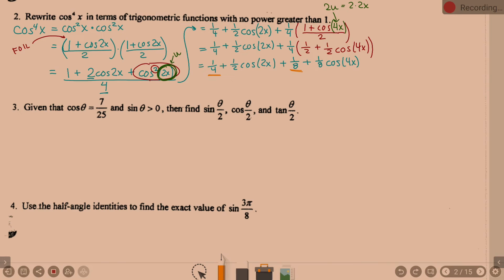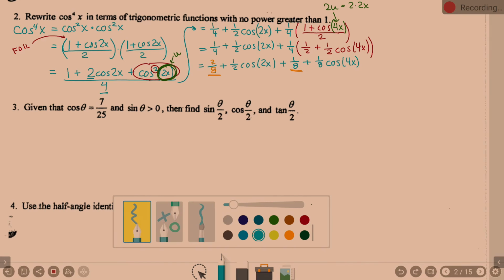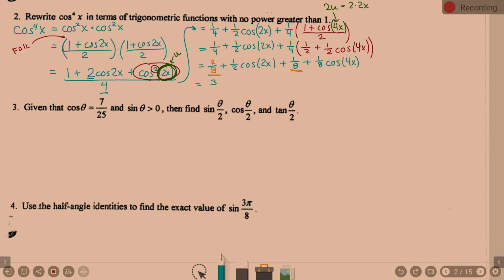What is 1/4 plus 1/8? 3/8, because what is 1/4? 2/8. And 2/8 plus 1/8 is 3/8. So 3/8 plus 1/2 cosine of 2x plus 1/8 cosine of 4x.